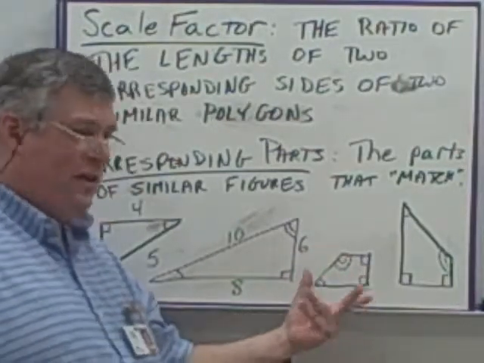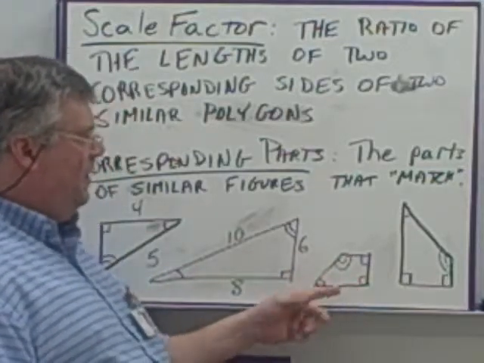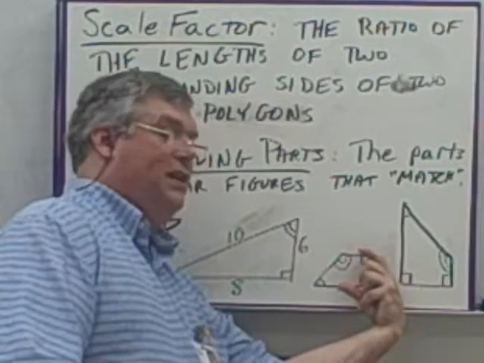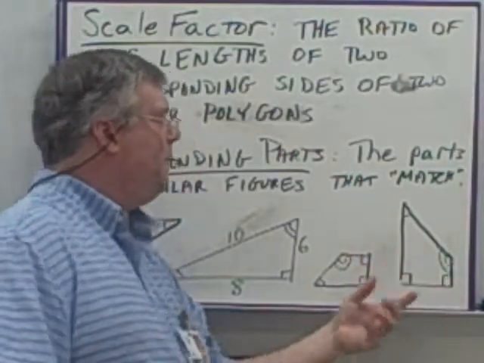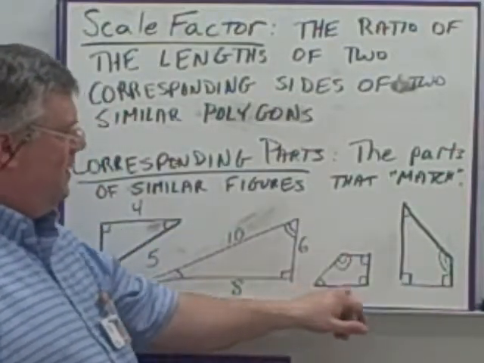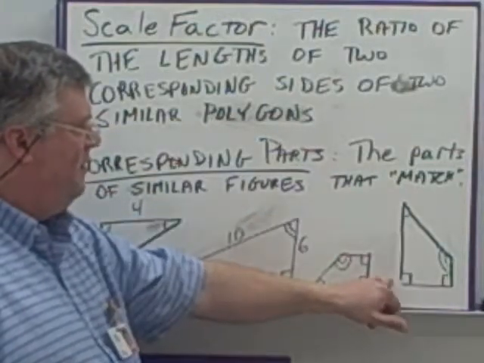That's true of any shape, whether it be the triangle or one of these trapezoid type things. Here I have the 90-90. Looks like they took this shape and just lifted it upright like that and made it a little bit larger. So this side here is going to match up with this side here.